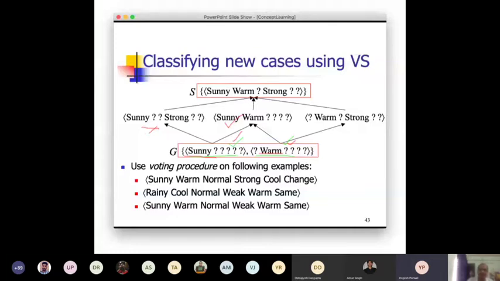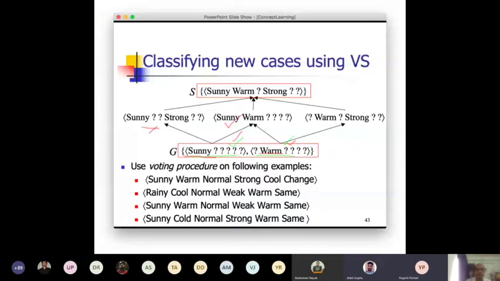Okay. So this is the kind of decision process that I was talking about. You take the last example in this case: sunny, cold, normal, strong, warm, same. Can you tell me? The first one from G will satisfy. Very good. And the sunny one and strong one will also satisfy.